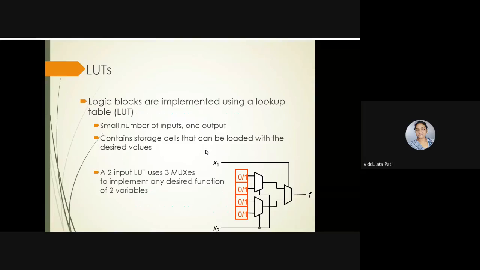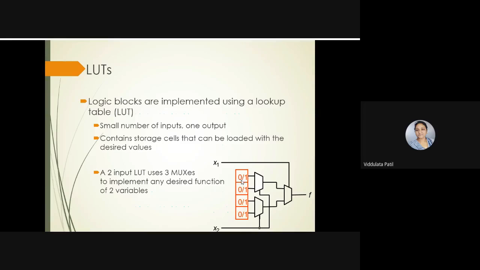Now here it is a 2 input and 1 output lookup table, which is implemented using 3 multiplexers. Input is applied at these 2 multiplexers.